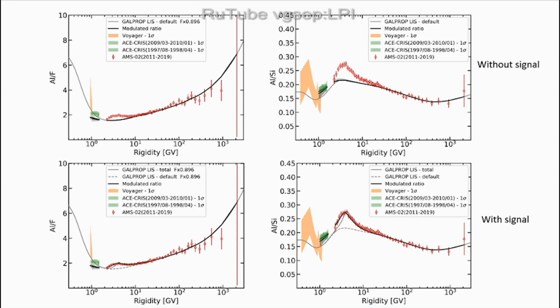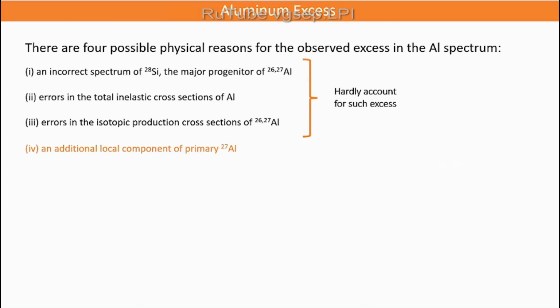Well, you see that this feature is still present in the ratios. As for iron and fluorine, you see here, for example, the aluminum over silicon in the upper part of the slide without signal and at the bottom with this additional signal. And it can be clearly seen that we need to introduce this excess also in aluminum.